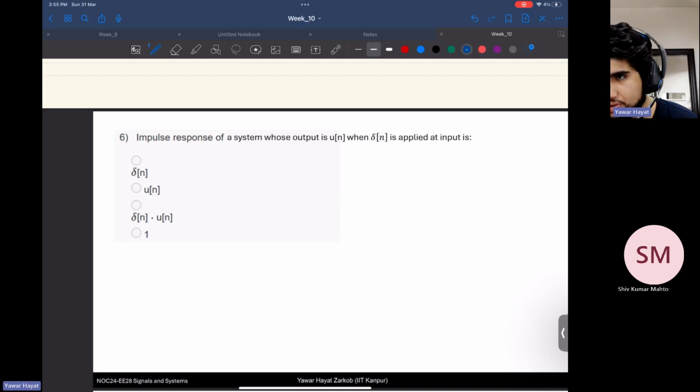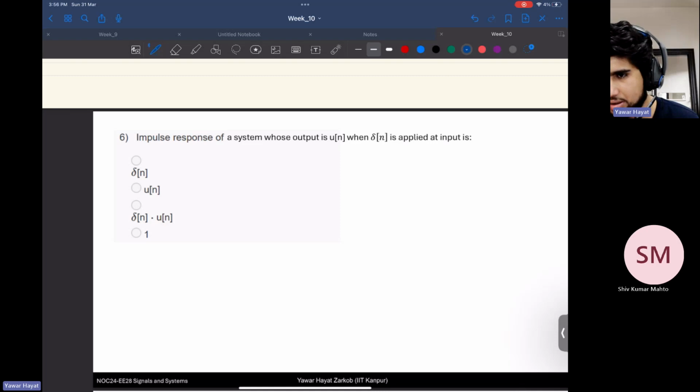By definition, what is the impulse response of a system? Impulse response of a system is the output when an impulse is applied at the input, right? And for the discrete time case, this will be del of n. When del of n is applied at the input, whatever you get at the output is your impulse response.